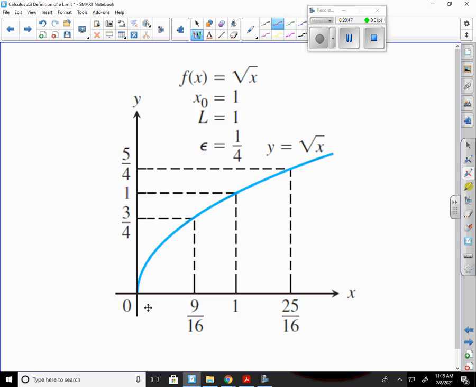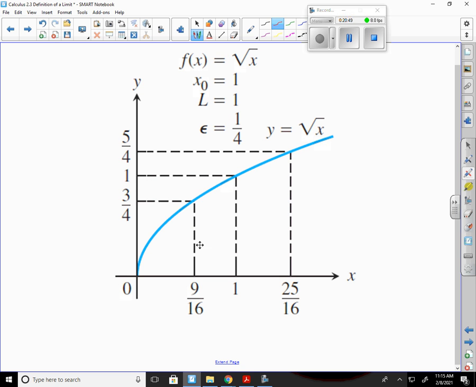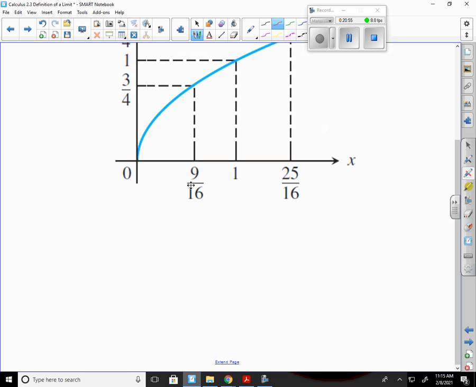Now I need to find the lower distance of the two. You can see which is the lower distance, but I have to actually do the math. So 1 minus 9/16, 1 is the same as 16 over 16. So 16 minus 9 is a distance of 7/16. 25 minus 16 is a distance of 9/16.